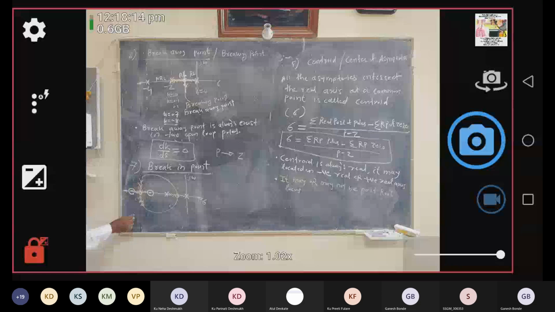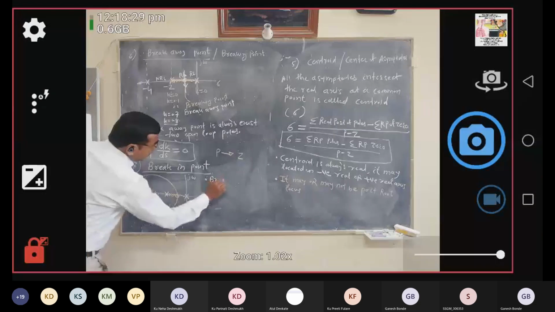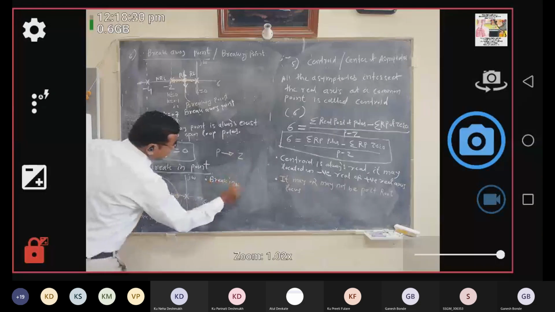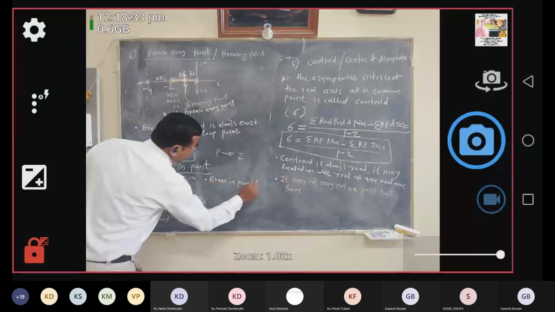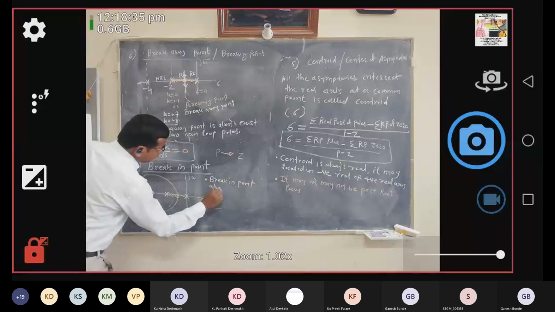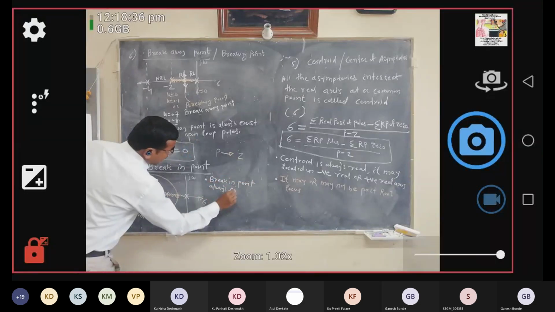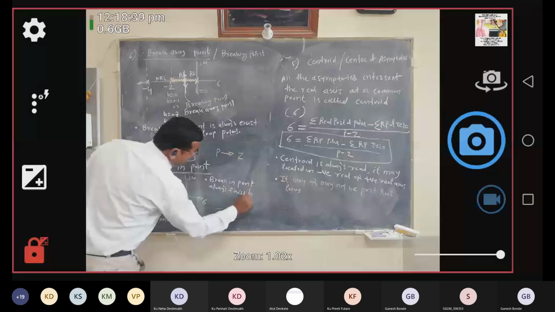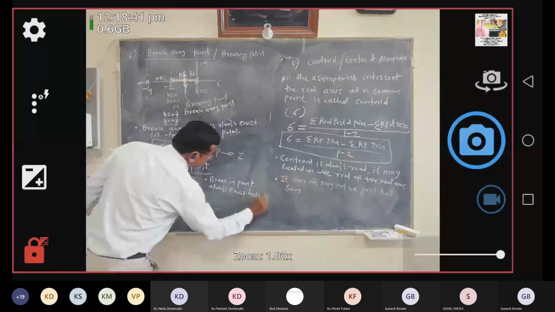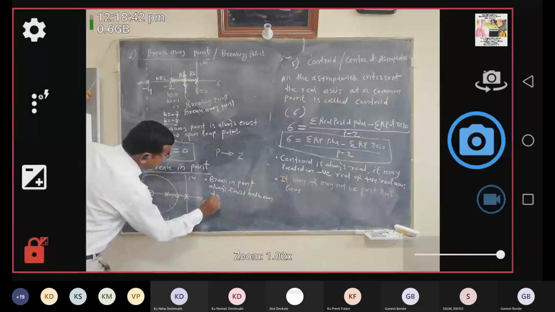So note down: the break in point always exists between two open loop zeros.